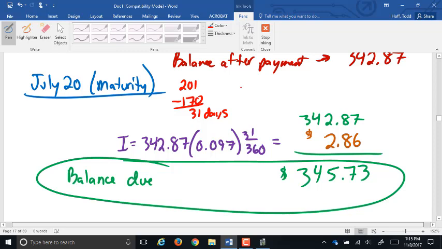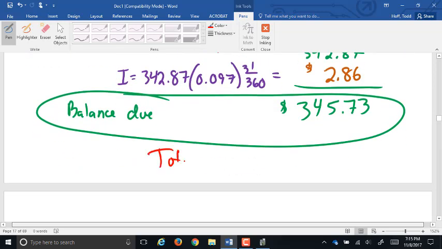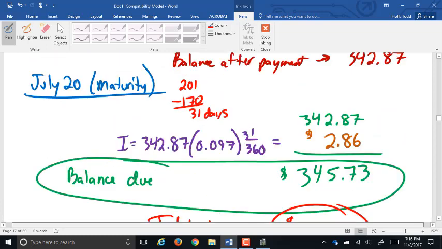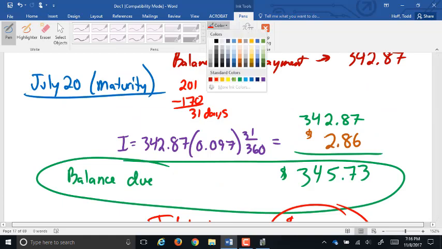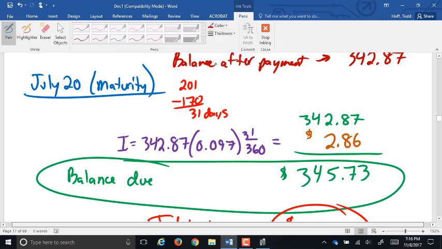Total interest, if you add those all up, wait just 1 second. Should get $145.73. Is that what you need? $145.73 is what I get for total interest.